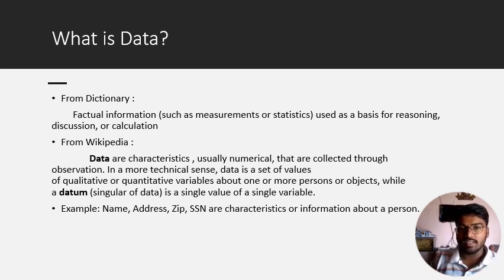In a more technical sense, data is a set of values of quantitative or qualitative variables about one or more persons or objects, while a datum, singular of data, is a single value of a single variable. Examples like name, address, zip code, SSN are characteristics or information about a person.